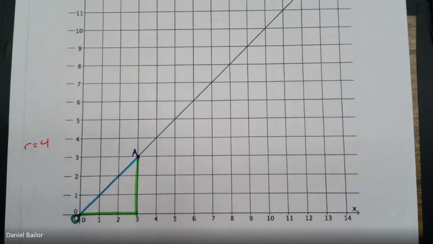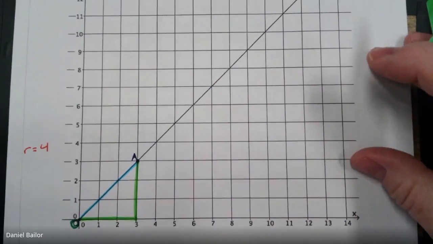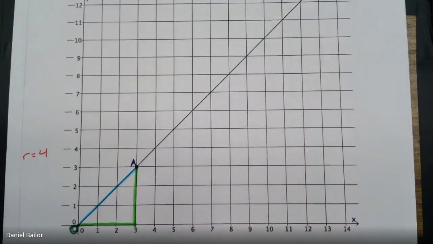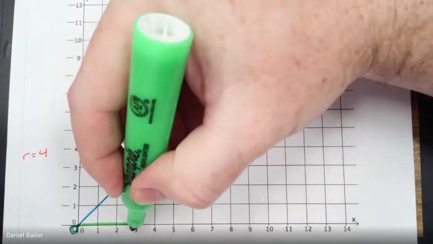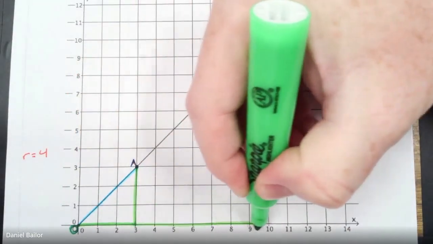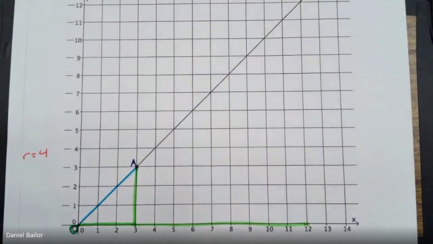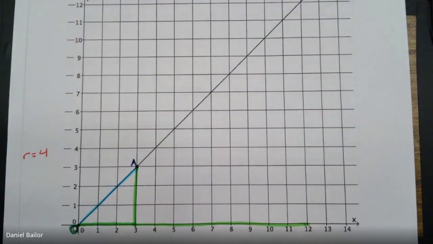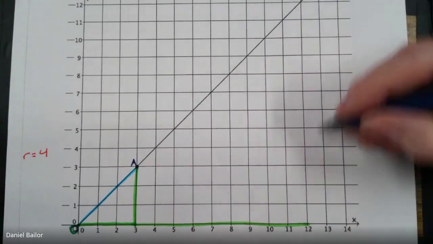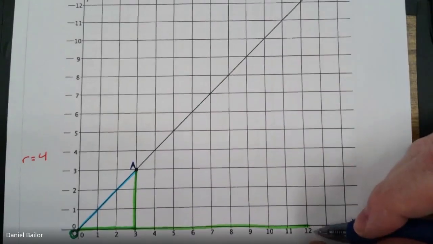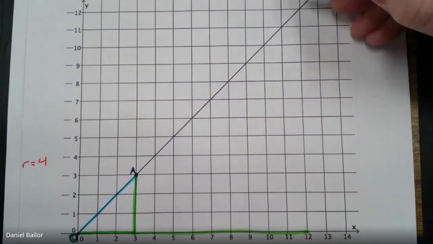3 times the scale factor, 3 times 4 is 12, which means it grows over all the way across to 12, which means if A was at 3, then A prime is going to be up to 12. So A prime is going to, I follow 12 all the way up until I hit the ray.